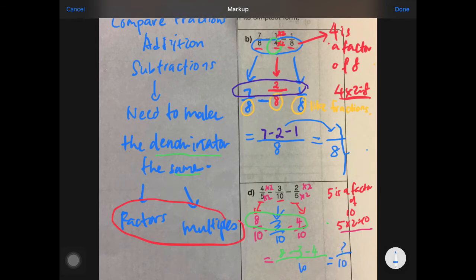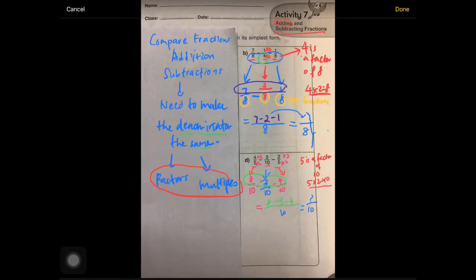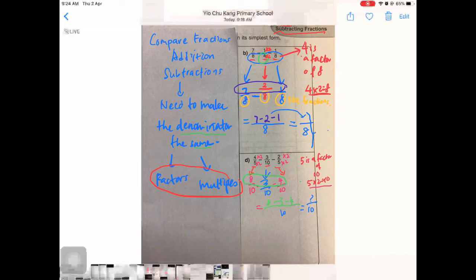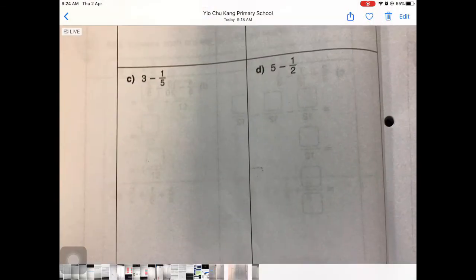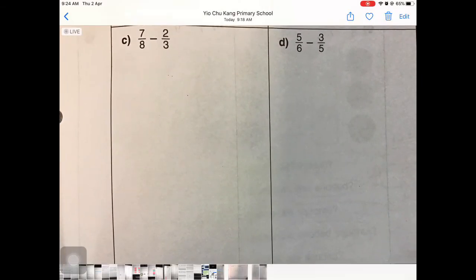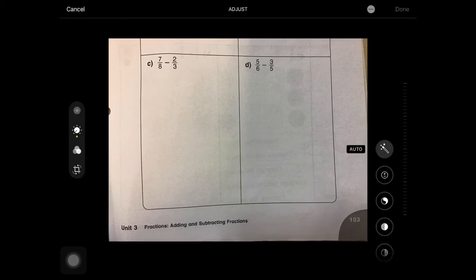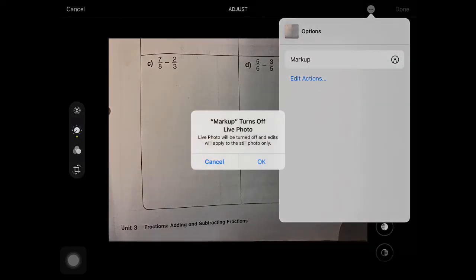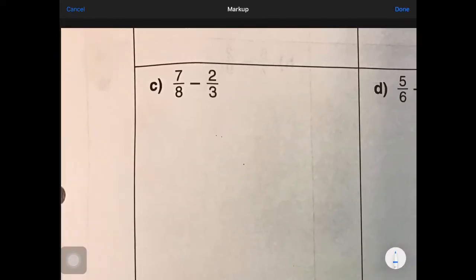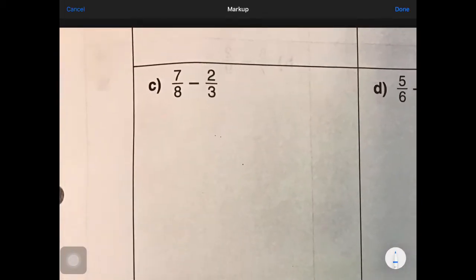Okay, so what about denominators that are not factors of each other? Let's see this one. Look at this. This is a bit more difficult. Let me explain why it is more difficult. Now, same thing, the denominators are not the same.